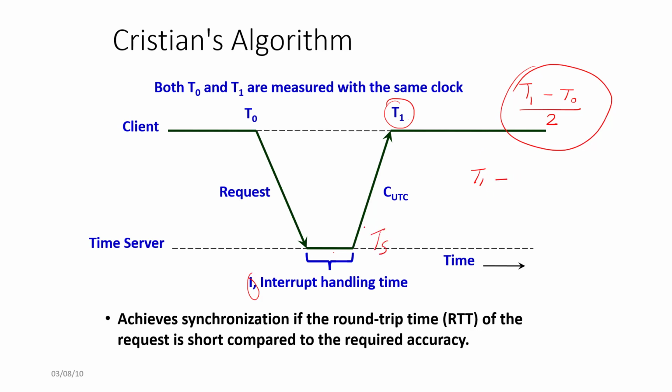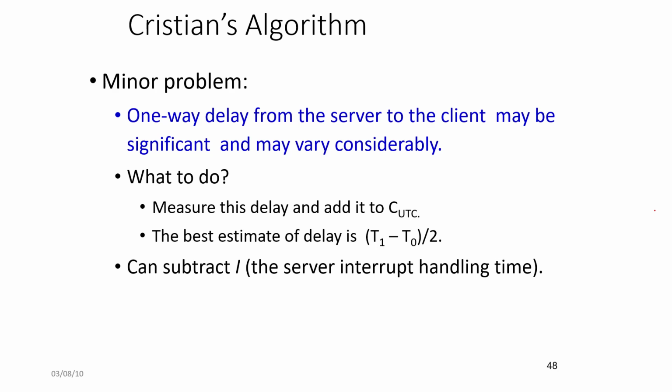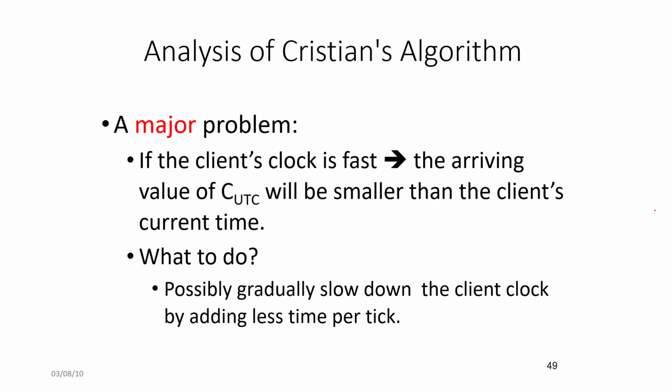First from T1 we subtract some part of the interrupt handling time, and then the time to send a message from the server back to the client. Let's say this is the time T response. Ideally speaking, this is what the server timestamp should be, right? But if that is not the case, then this number will give us an idea of the clock skew. So this is the amount by which we need to correct the clock of the client. So the client needs to correct its clock.